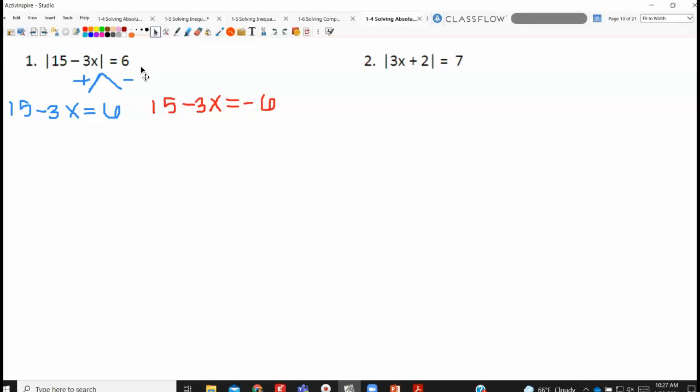And now we're just going to solve exactly as we would solve an equation. On the left side, subtract 15.